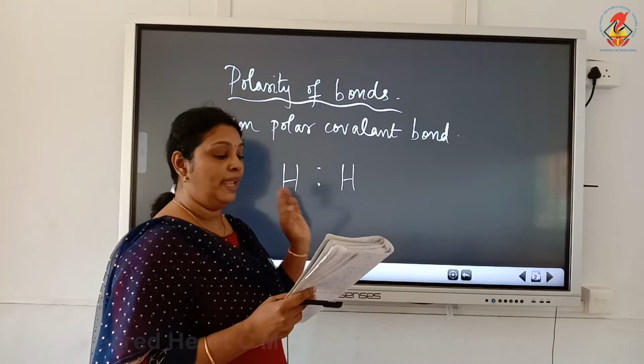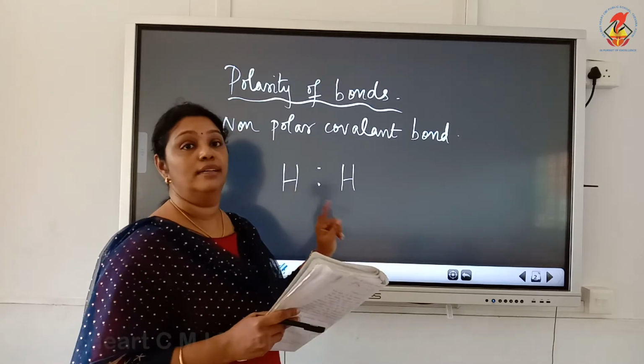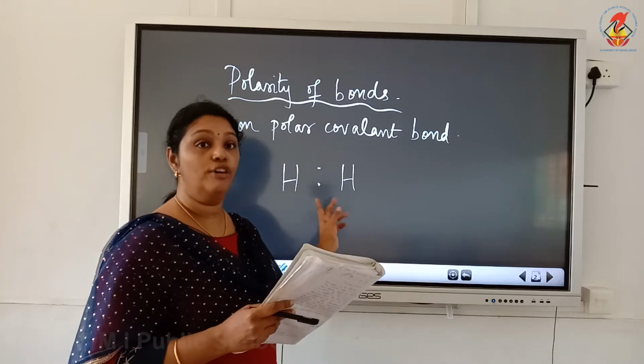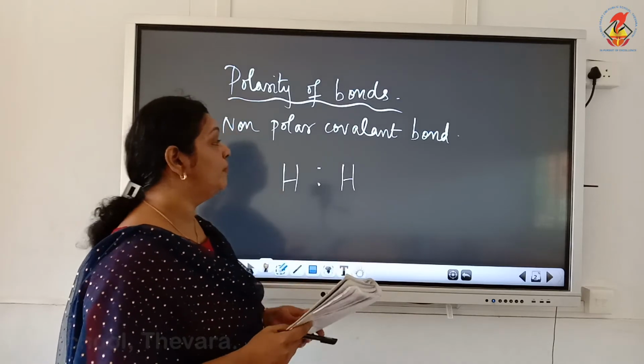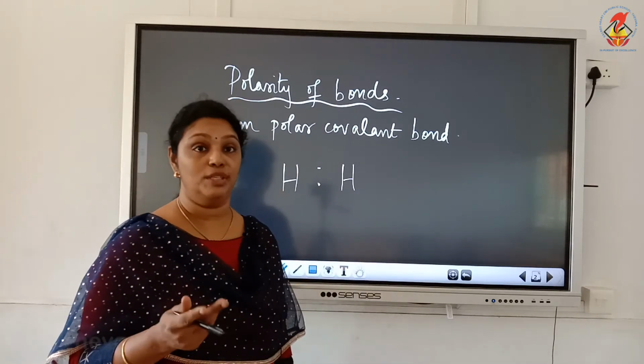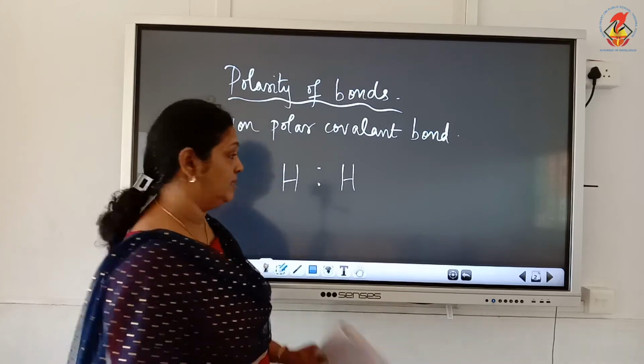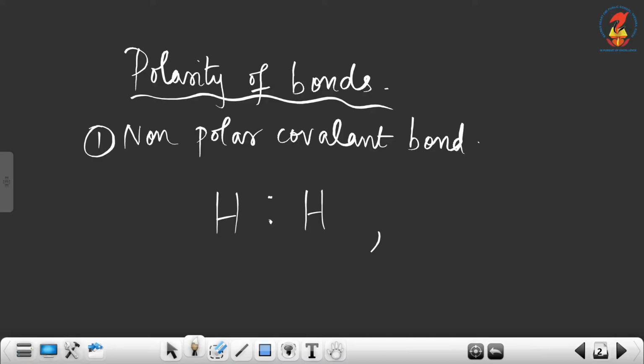It will be exactly between the two nuclei of the hydrogen atoms. Another example for a non-polar covalent bond is the chlorine molecule, another example is the fluorine molecule, etc. In this type of molecule, it's difficult to find some ionic character.